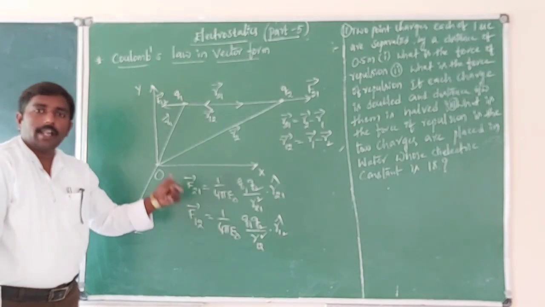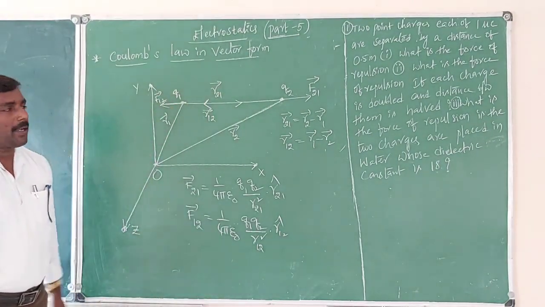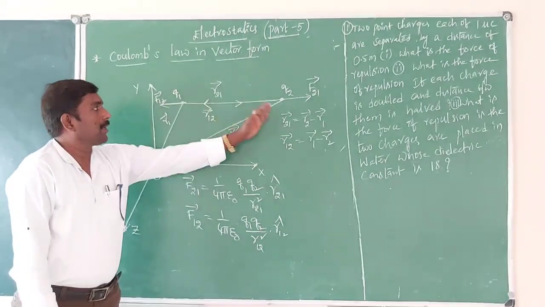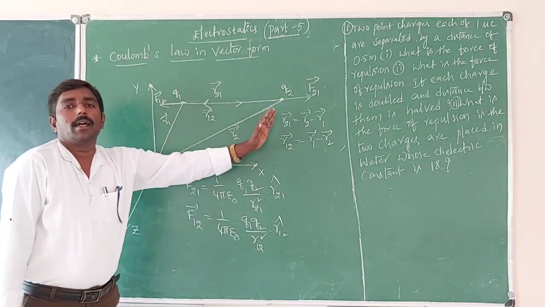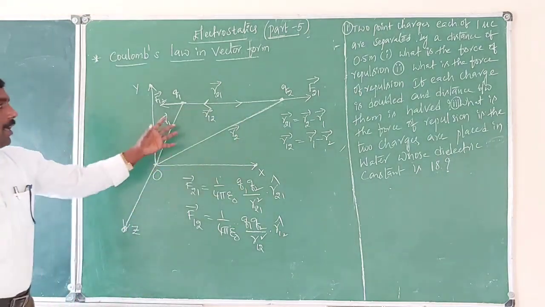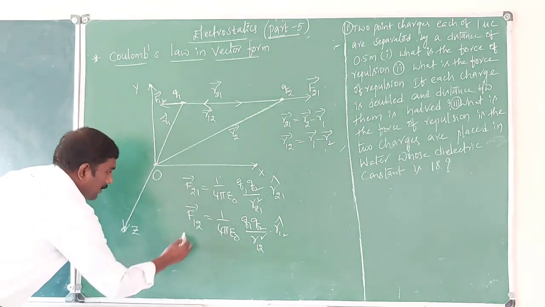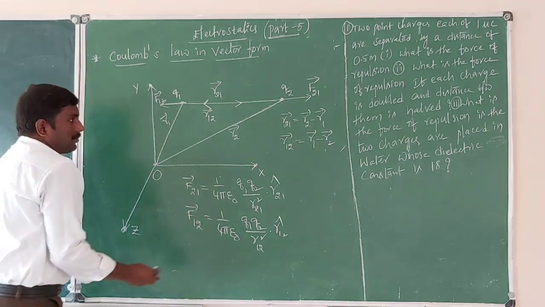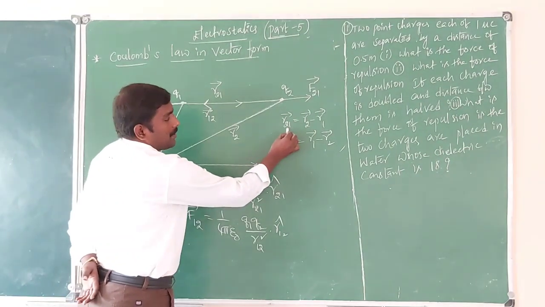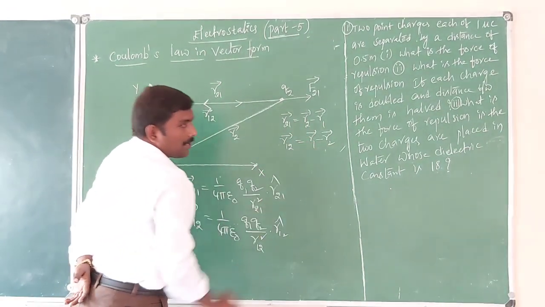These two forces are equal in magnitude and opposite in direction because the two charges are like charges, so there exists a repulsion force between them. See, R21 means R2 minus R1, and R12 means R1 minus R2.